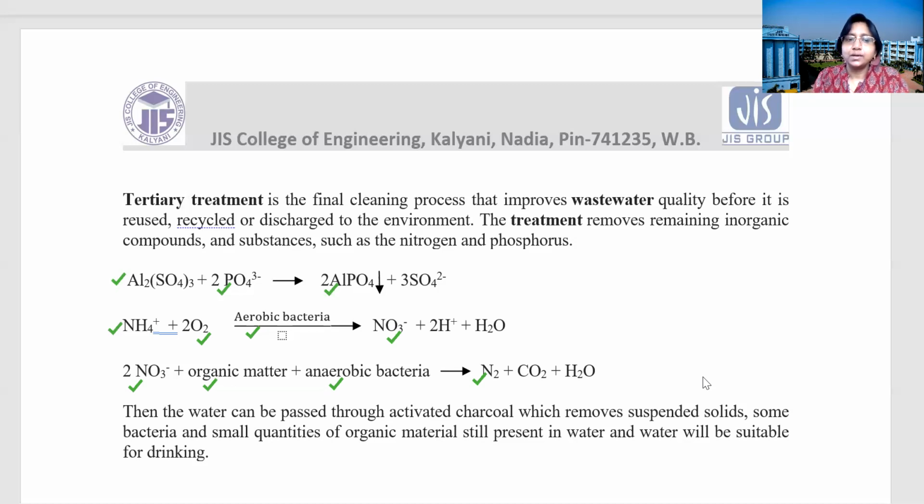So for this reason, the water can be passed through activated charcoal, which removes suspended solids, some bacteria, and small quantities of organic materials still present in water. After this treatment, water will be suitable for drinking. So if we want to use the water for drinking purposes, we have to do the tertiary treatment.